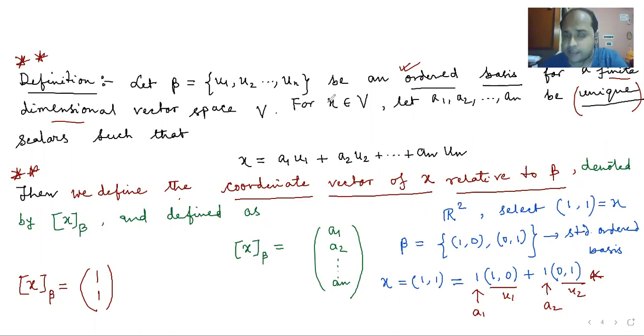If you want to represent a vector with respect to these basis elements, then the choices of these scalars must be unique. So if you want to express this (1, 1) with respect to these basis vectors, then this scalar must be 1 and that scalar must be 1. If you change these scalars and put any other scalar, then the coordinate will change, the vector will change. So this word unique is very important.